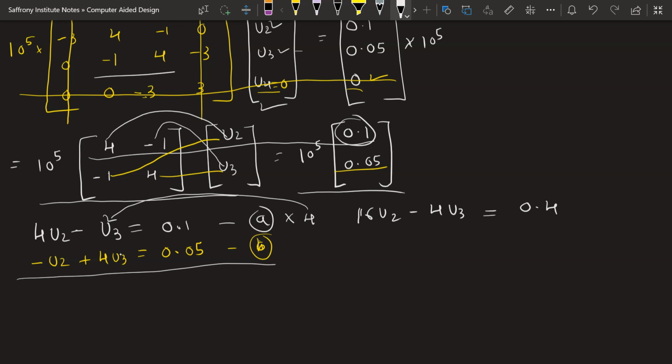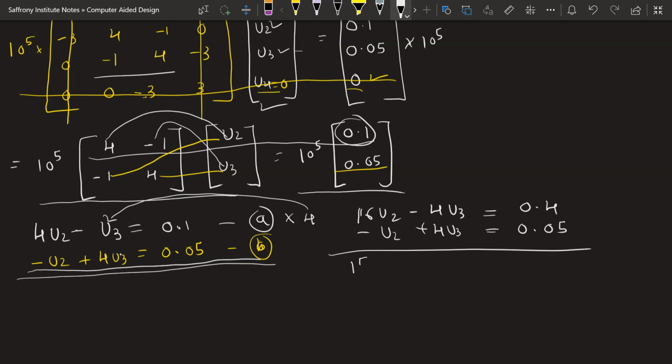Similarly, I will put these values directly here: minus u2 plus 4 u3 is equal to 0.05. So the summation is simple: 15 u2, this will be 0, is equal to 0.450.